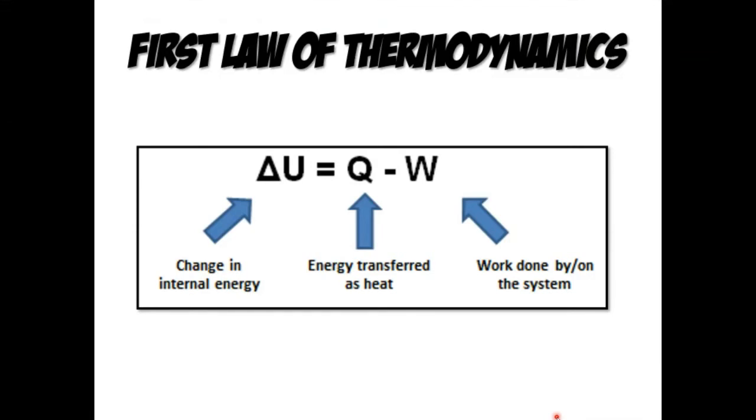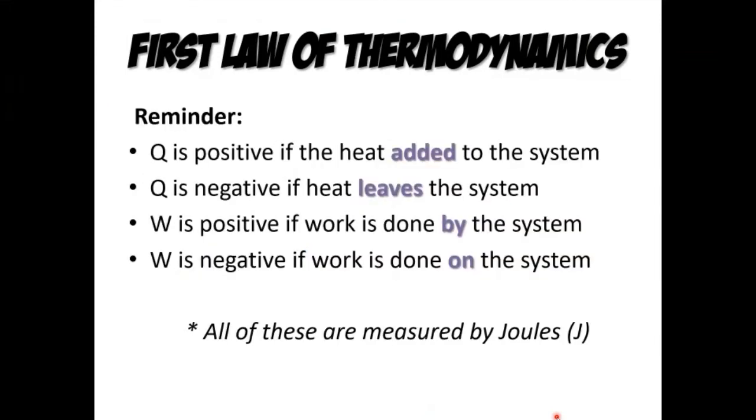Mag-iingat tayo dito pag meron tayong word problems, no? Para ma-identify natin yung value ng work, meron tayong mga prerequisites na kailangan sundin, just like this. Reminder, Q is positive if the heat added to the system. Q is negative if heat leaves the system. Kapag sa Q, kapag positive, added. Kapag negative yun, wala siya sa system or yun nga, leave.